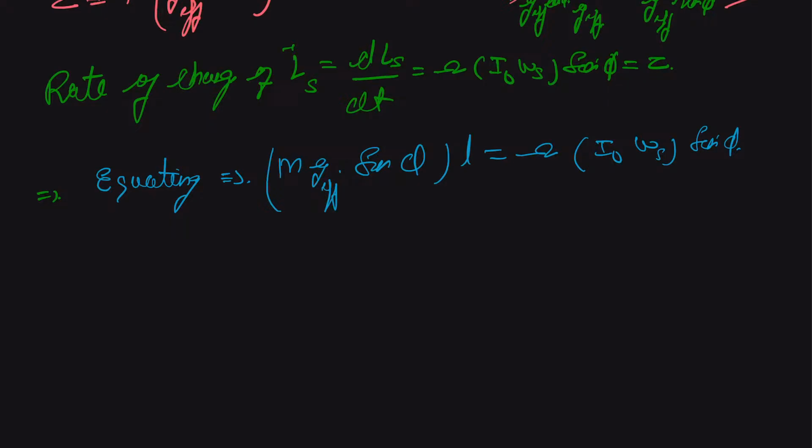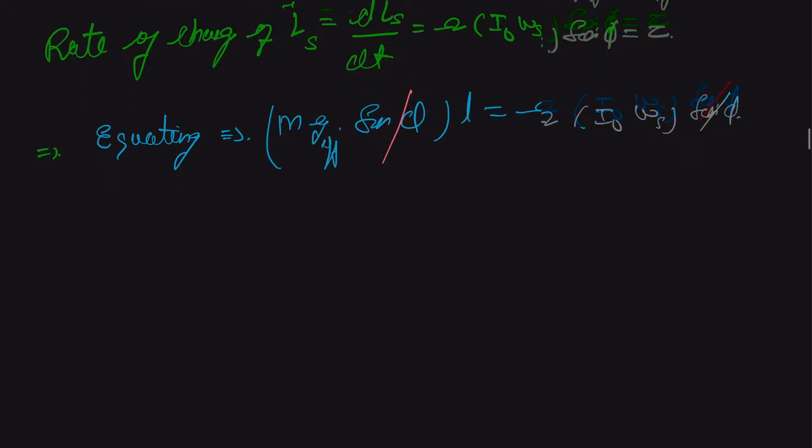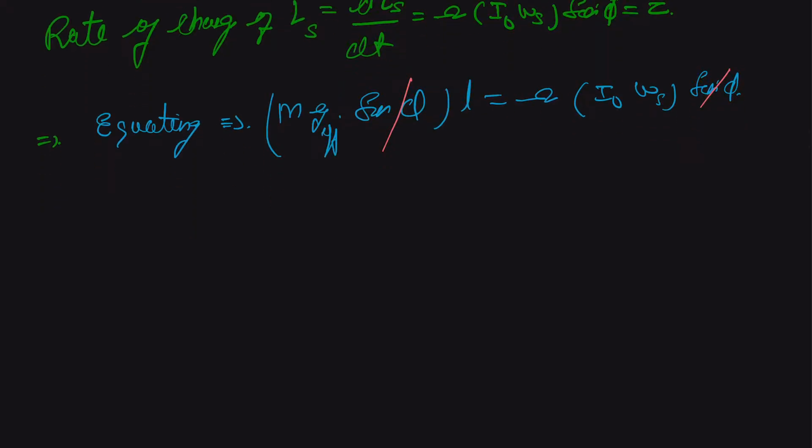And from here this sine phi goes away and the rest is the same. Therefore we can say that the precession, that is omega, will be equal to m l g effective divided by I naught times omega s. Okay, so we got the value of this omega, that is the precession part.